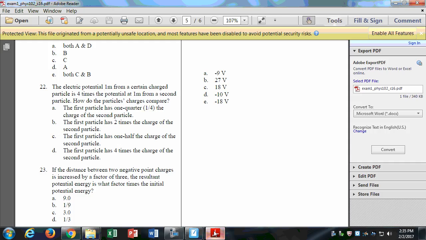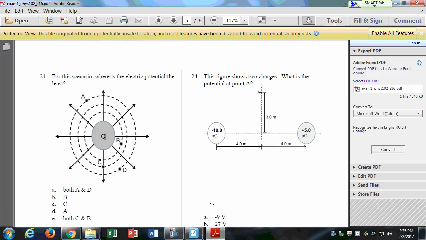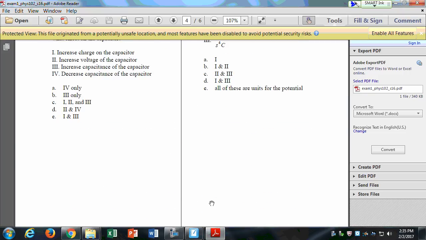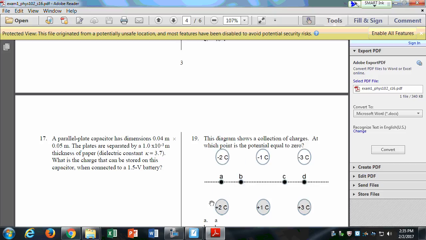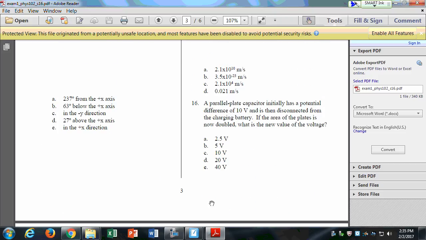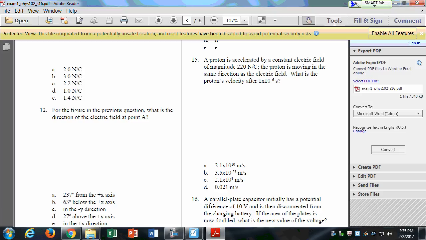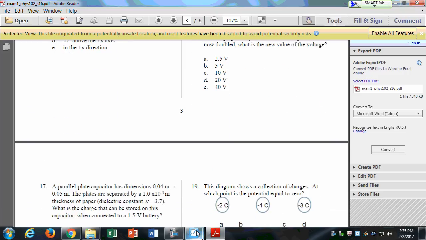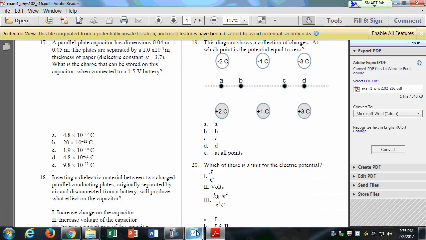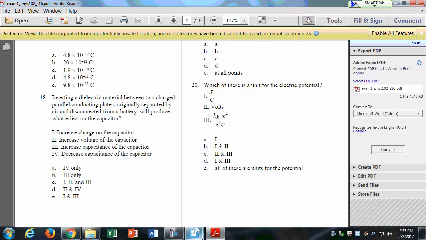Okay, what else here? Anything stand out to you folks? Oh yeah, the electric potential units.